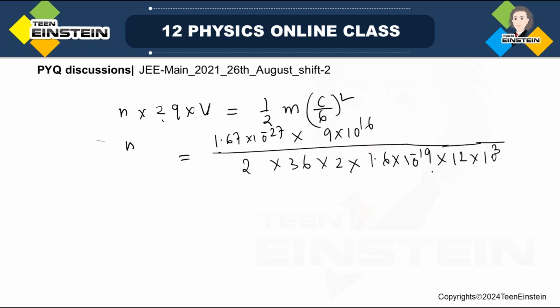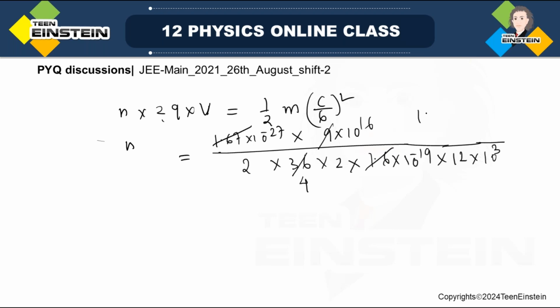Okay, now look what we are getting. If I do an approximation, I can strike this with this approximately. Let me do that for the time being, and then we'll analyze further. Now let us see the powers.